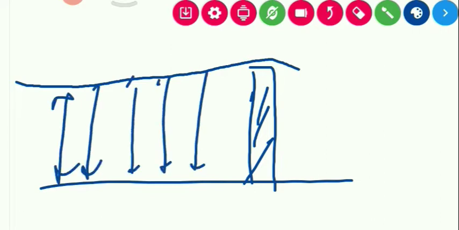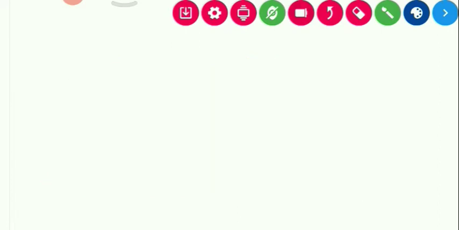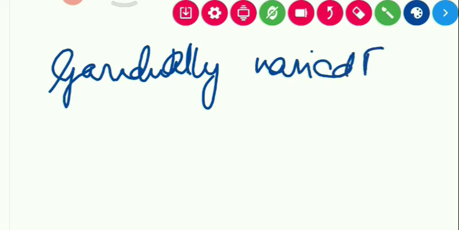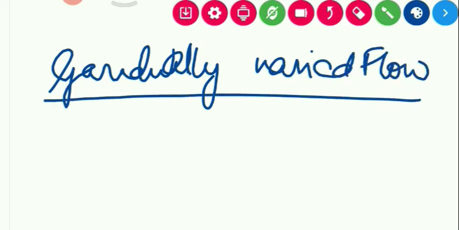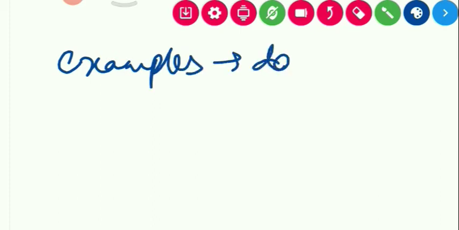Okay, but we cannot determine the particular point at which the depth suddenly changes, so it is a gradual variation of the depth. So the flow here is gradually varied flow. Okay, examples are dams, piers.